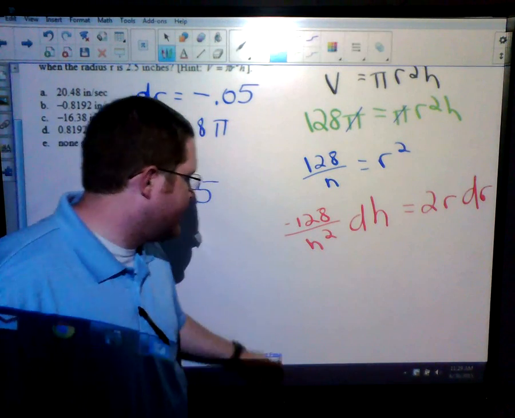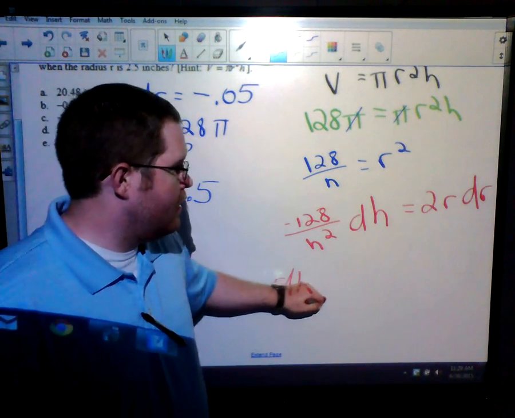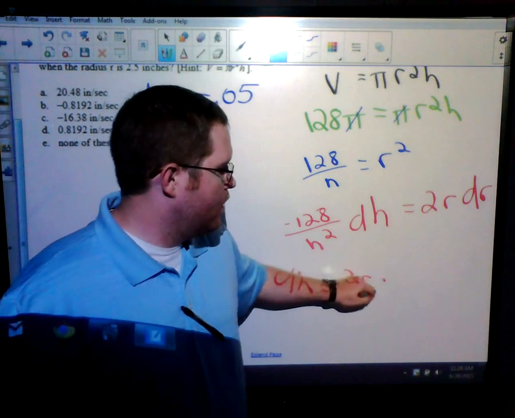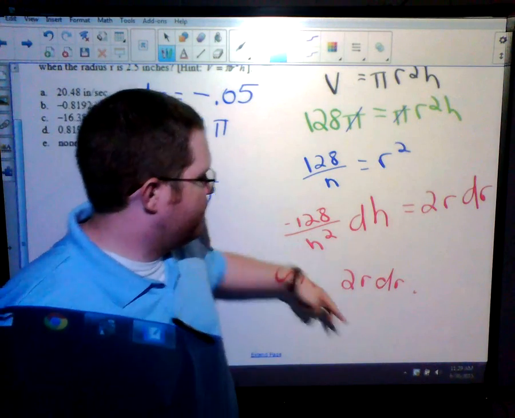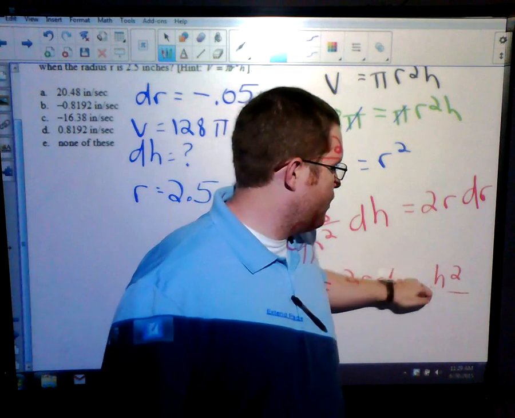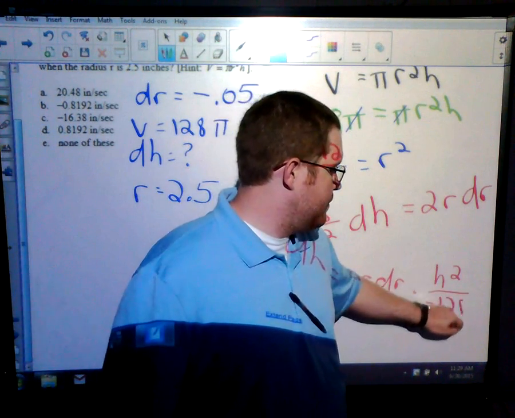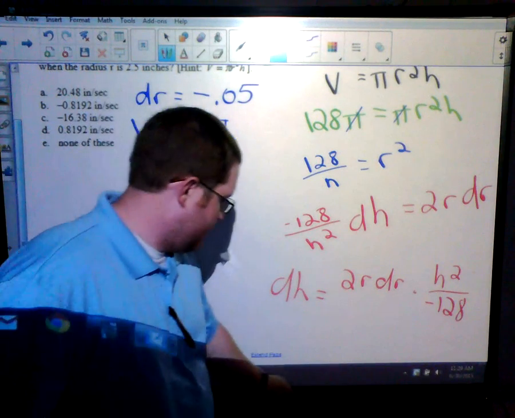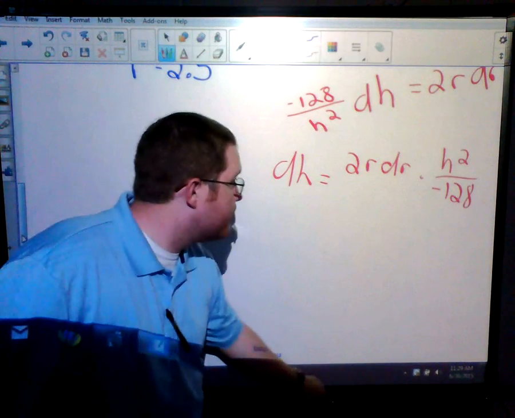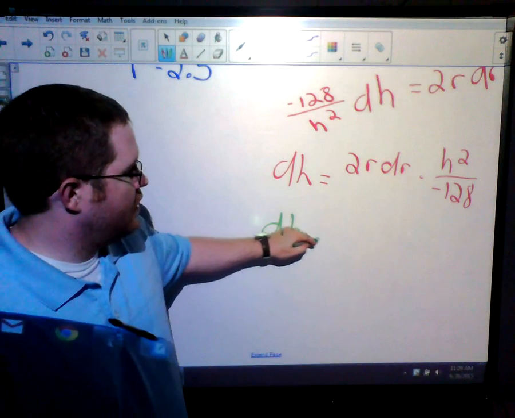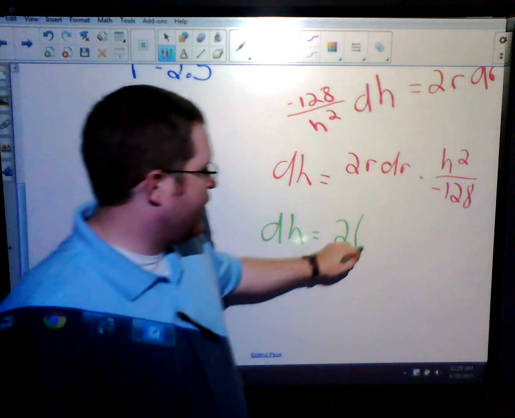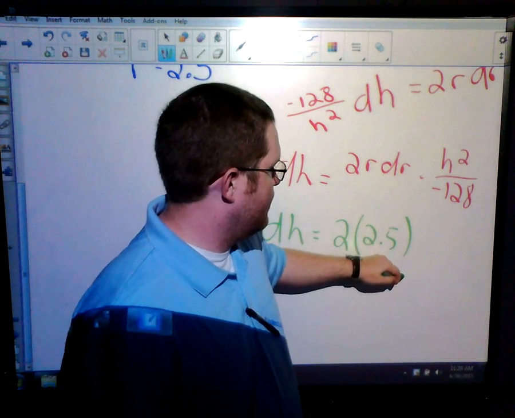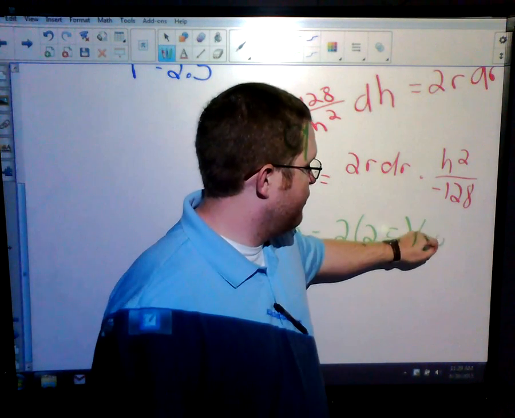So I know that dh is equal to 2r dr times, move that over here, you get h squared over negative 128. So let's plug in what we know. dh is equal to 2. R, it told us in the problem, was 2.5. dr was negative 0.05.